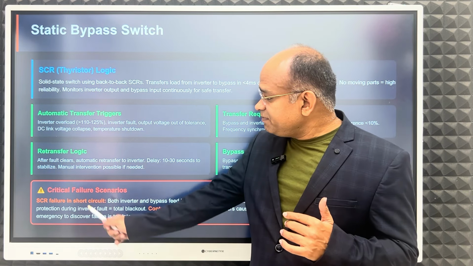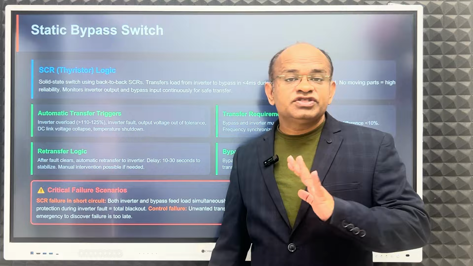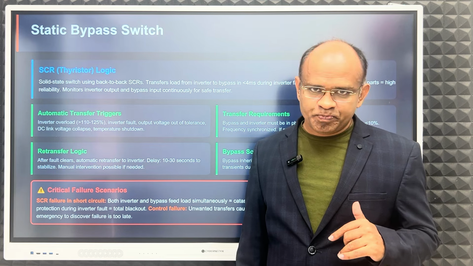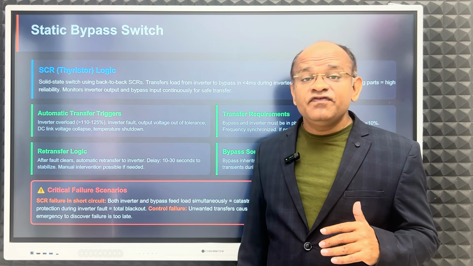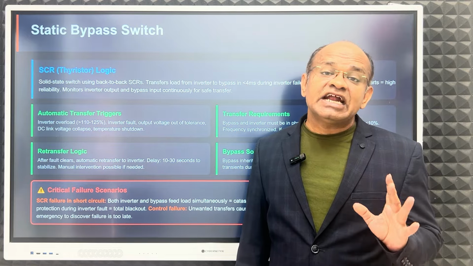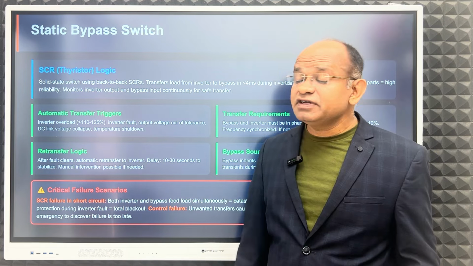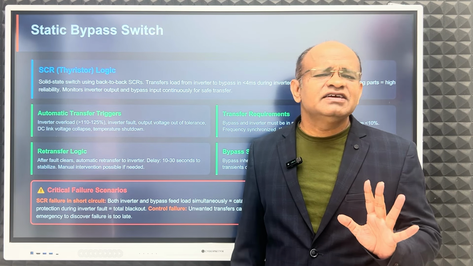If it doesn't, then within 10 to 30 seconds it will switch the load to the inverter again. If that doesn't happen, then maybe the static switch has gone faulty. Then manual intervention is possible if needed.